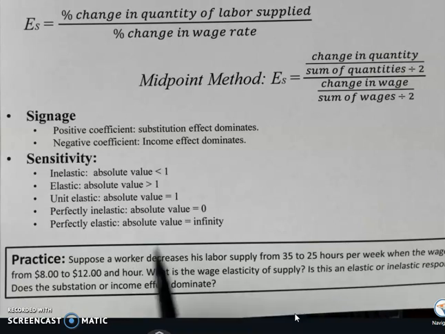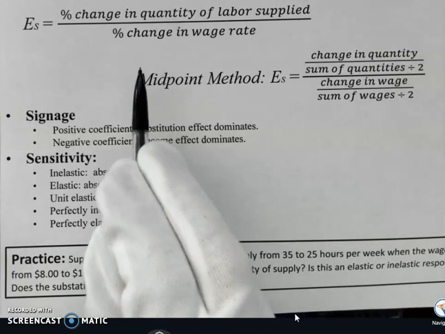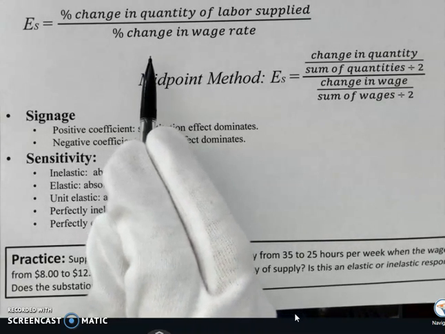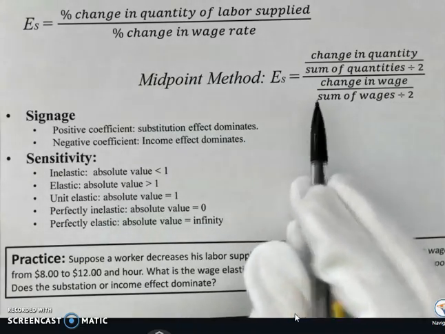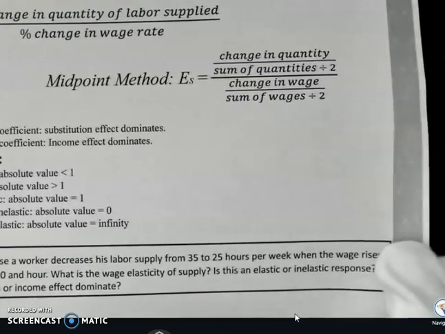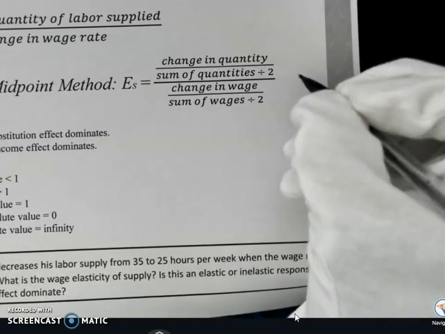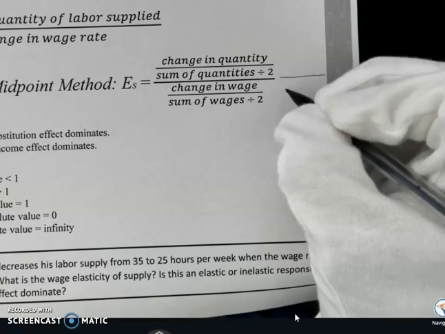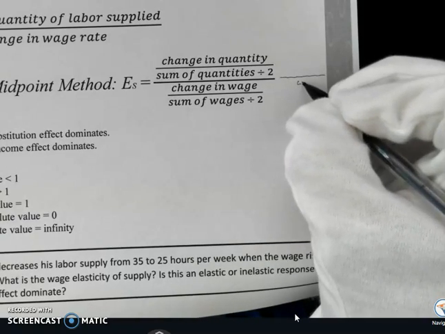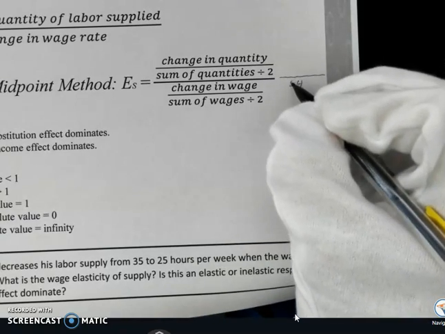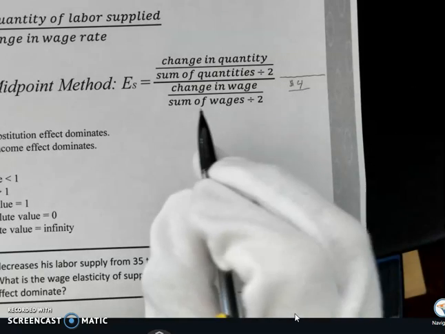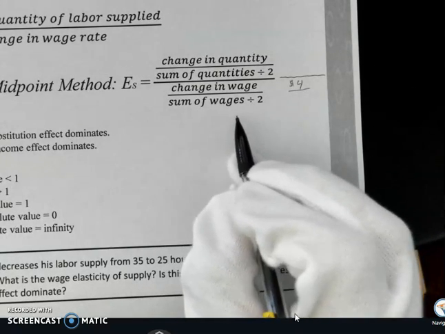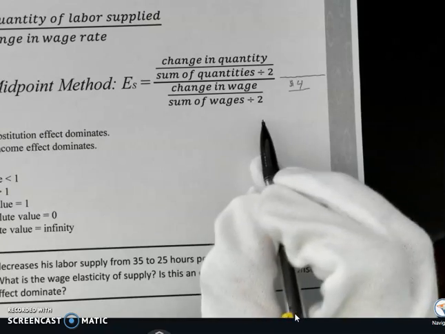So to calculate the percentage change in the wage rate, we're going to use this midpoint method. I'm going to write over here, just duplicate the numerator and the denominator. The change in the wage rate is $4, and we're going to divide that by the sum of the wages divided by 2, which is just the average.